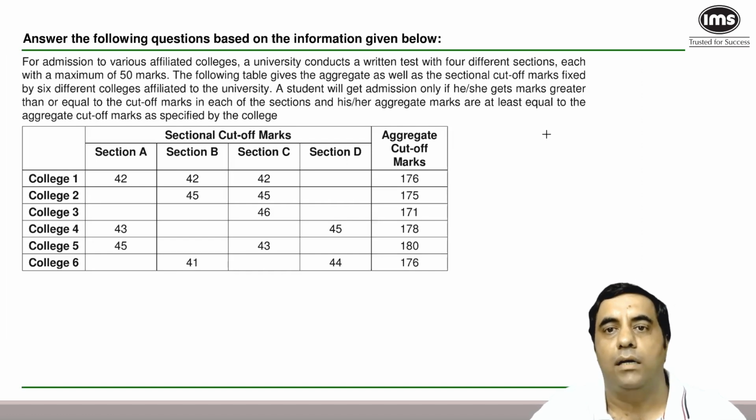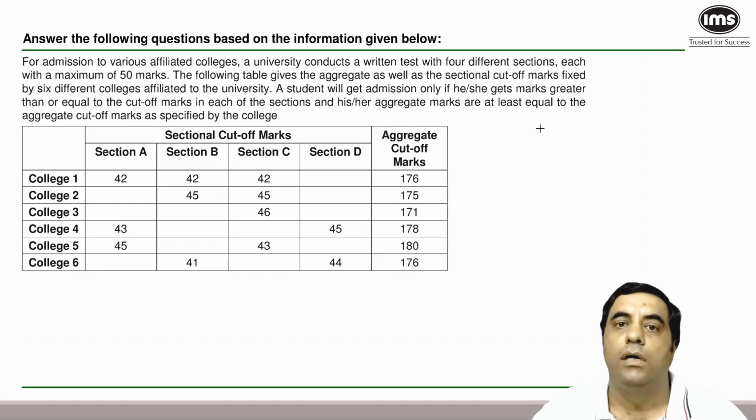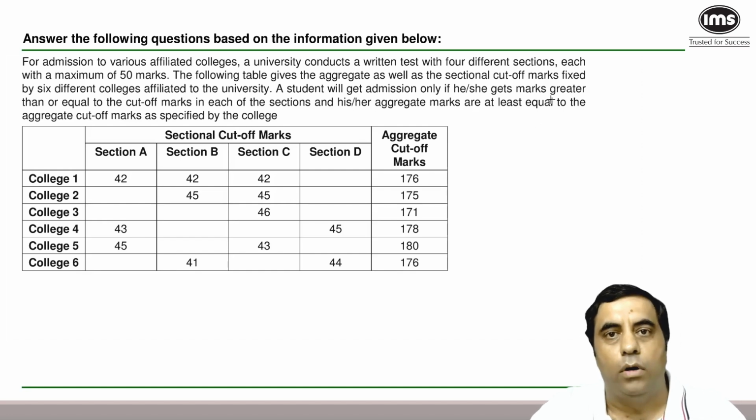So some colleges have a sectional cutoff for some of the sections, but there's an overall cutoff for all colleges. Right. So in order to get admission, obviously you need to fulfill both criteria. So the table is given. Let's look into what exactly the questions are.